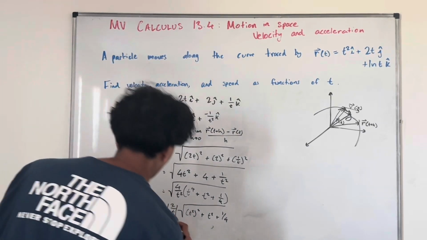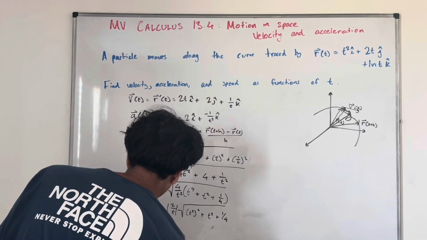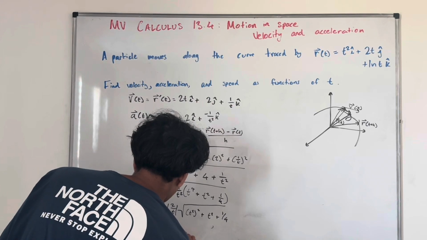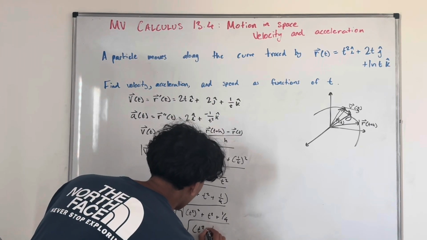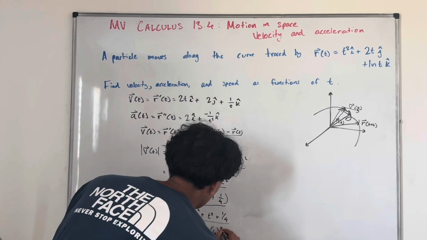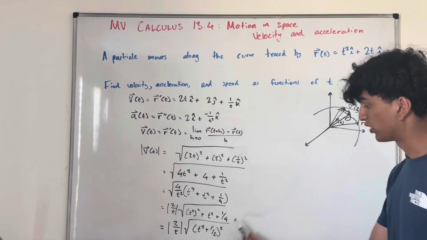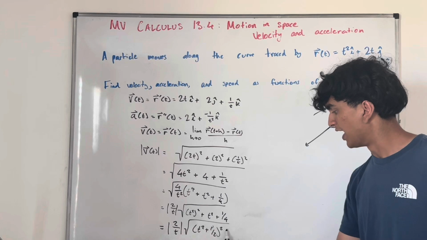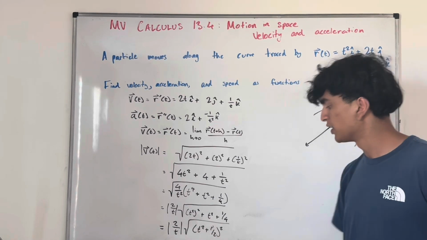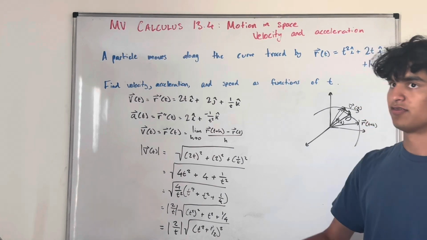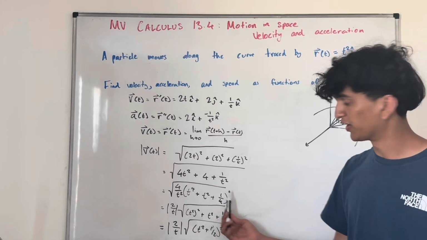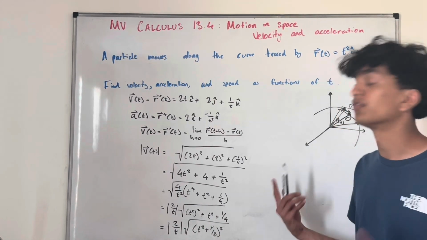If that kind of makes sense, I can show you when I factor this. This ends up becoming t squared plus 1/2, squared. You can see that when I square this binomial, I end up getting my t to the 4th term. You would do 2 times t squared times 1/2 for the middle term, which ends up being t squared, and then I just square the last term, which ends up being 1/4.